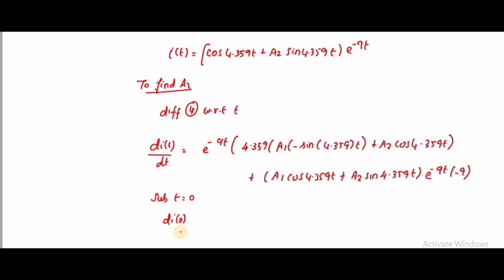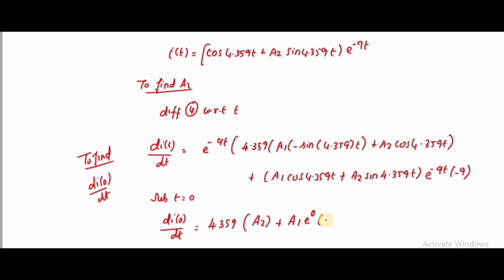You will get di of 0 by dt equal to e power 0 is 1, sine 0 is 0 and cos 0 is 1, so a2 times 4.359 plus a1 times minus 9.